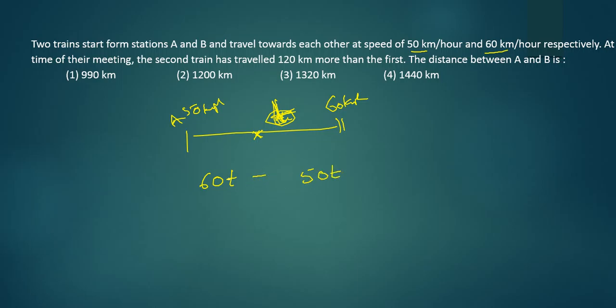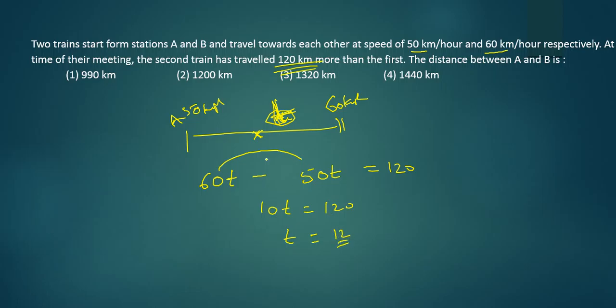What is given here? This train covered how much distance more than the first? 120. Traveled 120 km more than the first implies 10t equals 120. t is equivalent to how much? 12.